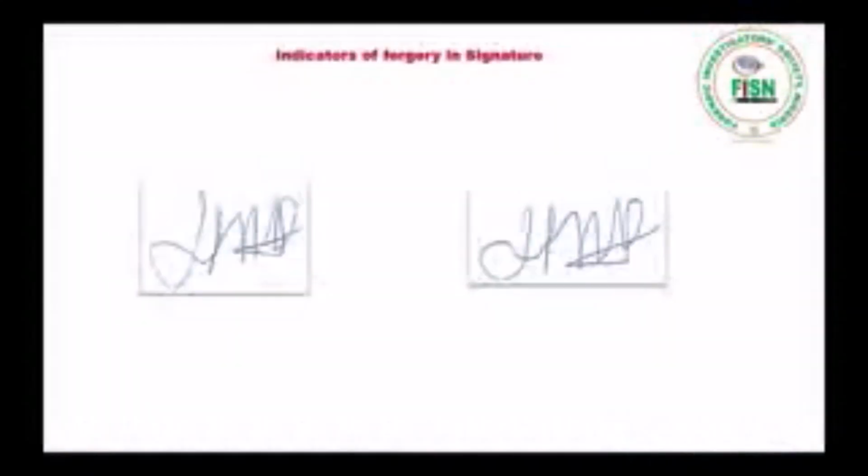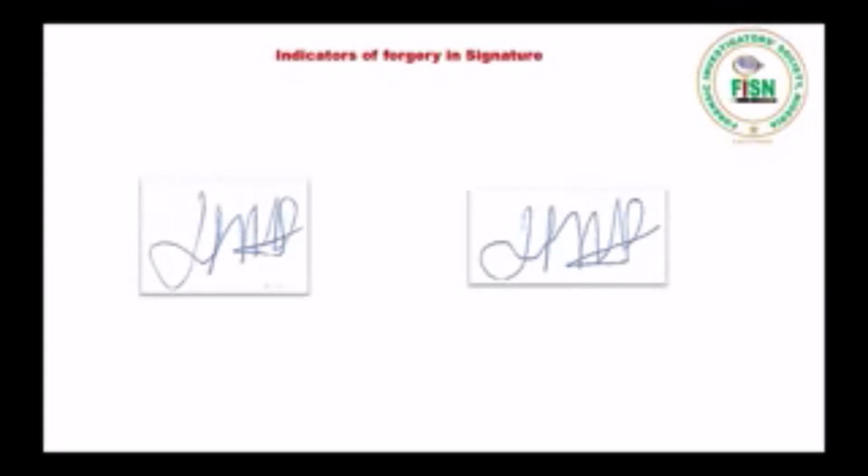Then it is compared to a collection of signatures that are known to be genuine. The genuine signatures are referred to as exemplars, or standard or known signatures, because that is the one that we use to compare with the questioned one.